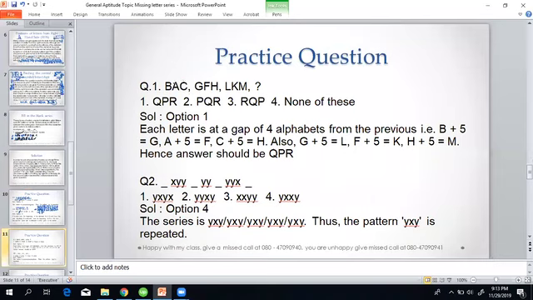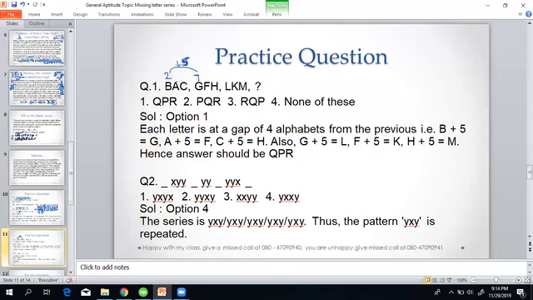Okay, now see B is at the second position. 2 plus 5 is 7 and G is at the 7th position.